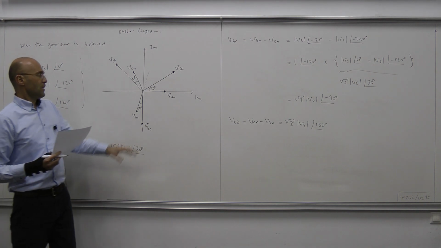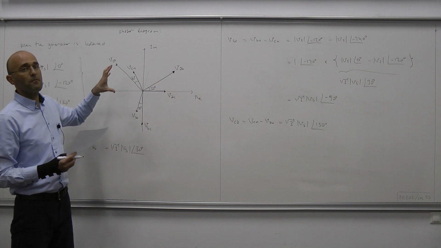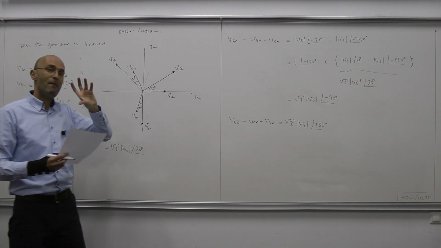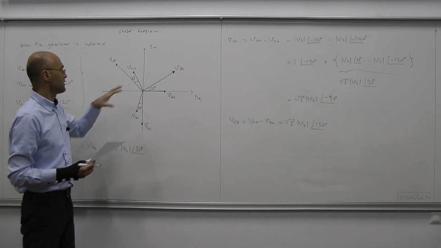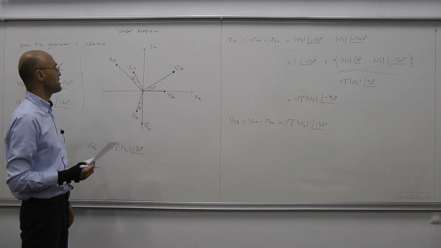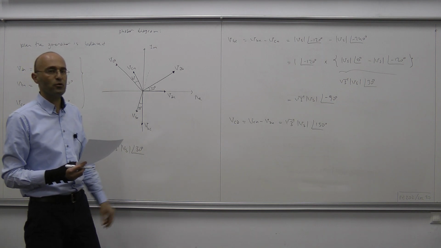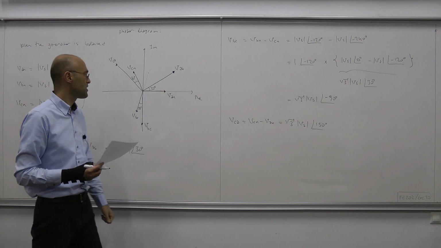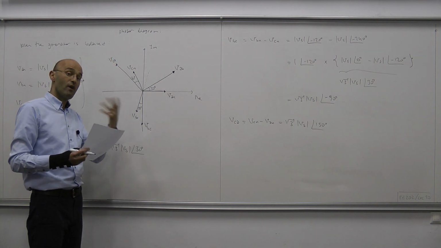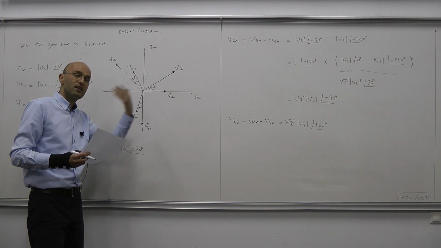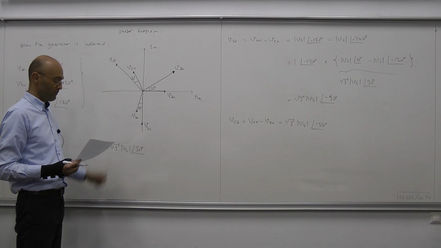So, once again, the line-to-line voltages inherit the balancedness of the line-to-neutral voltages. The angle of separation between them is 120 degrees, and they all have the same magnitude. As for the ratio of the magnitudes of line voltages to phase voltages, the ratio is square root of 3. The line-to-line voltage for Y connection is square root of 3 times the phase voltage, or the line-to-neutral voltage.